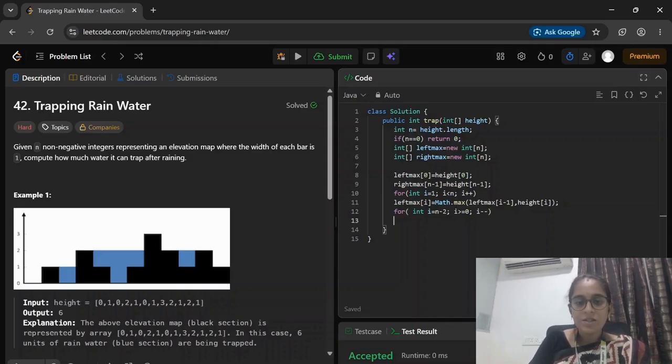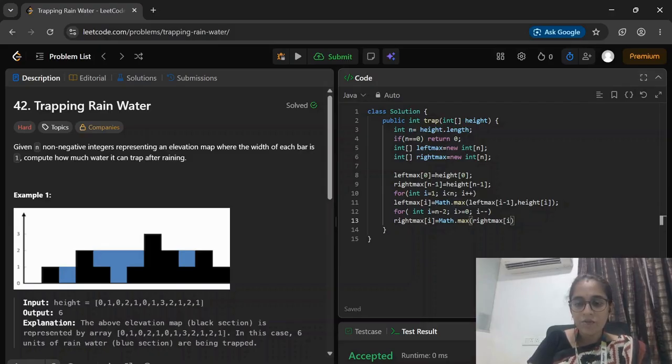Next we find the right max. Right maximum is calculated the same way, with Math.max of right max of i, the current position, comma right max of i plus 1, the incremented value, right?